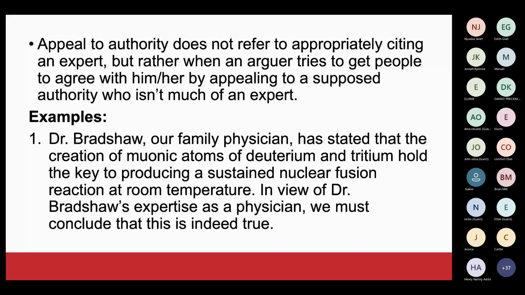Now, as I talk to you about it, I will also show you when it is not a fallacy, but I will not go into details. I will tell you when it is not a fallacy. Right. So appeal to authority does not refer to appropriately citing an expert, but rather to when an arguer tries to get people to agree with him or her by appealing to a supposed authority who isn't much of an expert. So now let's look at this example.